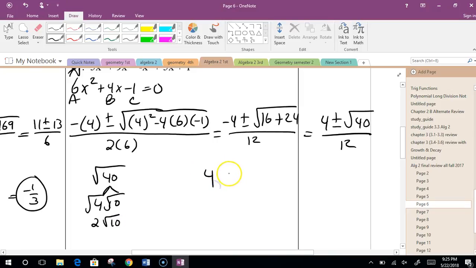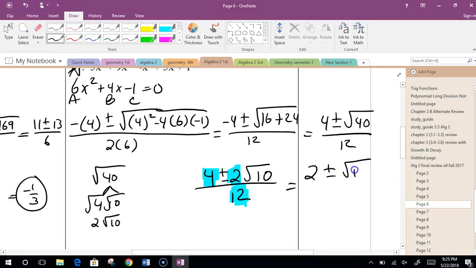So we would then have negative 4 plus or minus 2 square root 10 over 12, and if we look at all of these numbers outside of radicals, all of those can be divided by 2, so we would get negative 2 plus or minus the square root of 10 over 6 as a final answer, and that would constitute both of your answers for that last part.